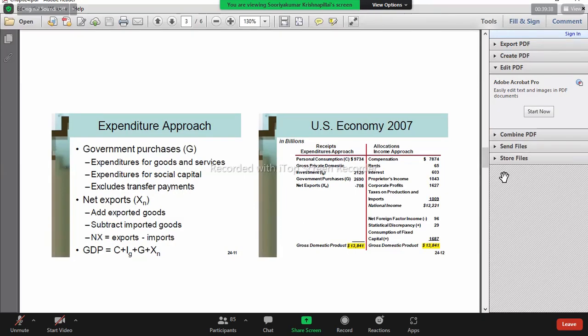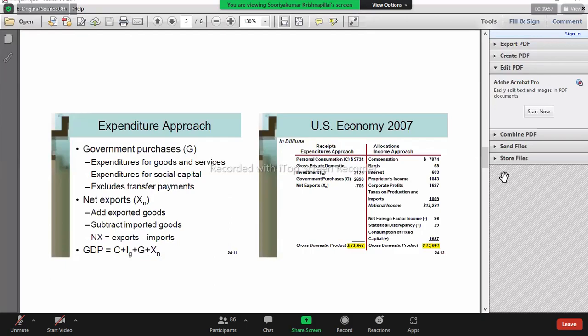Other countries pay interest. If someone invests in another country or a bank gives a loan, that loan interest goes to Americans.